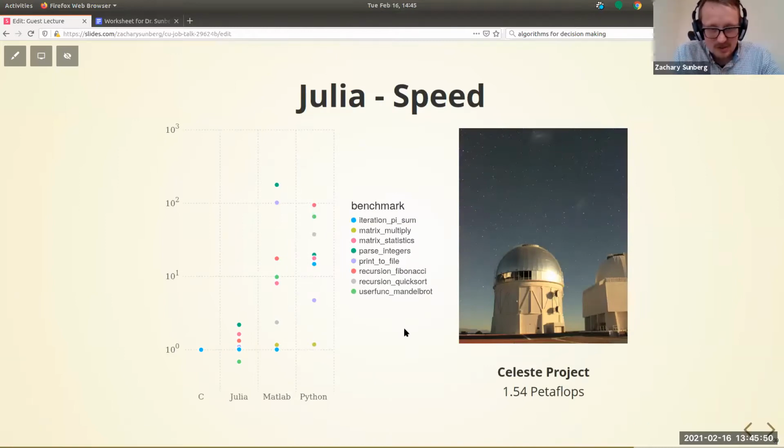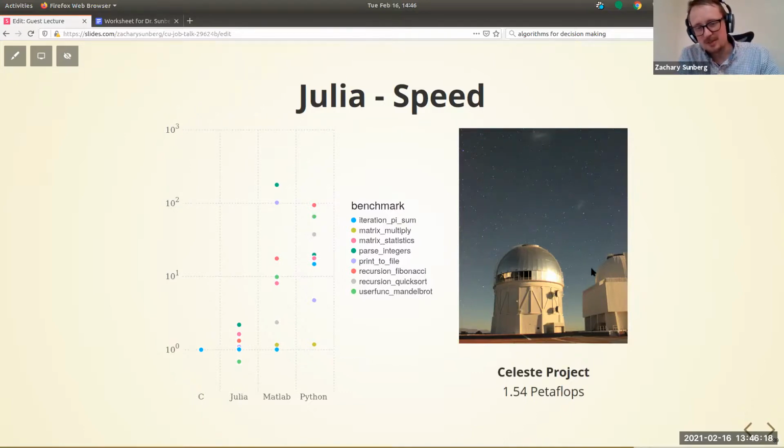The reason we chose Julia, I'm not sure how many of you have heard of the Julia language, is for a couple reasons. Primarily, one reason is because of its speed. So it's a just-in-time compiled language, which means that it uses LLVM, the LLVM compiler, to compile. And if you look at basic benchmarks, it's much closer to the speed of C than MATLAB and Python are.